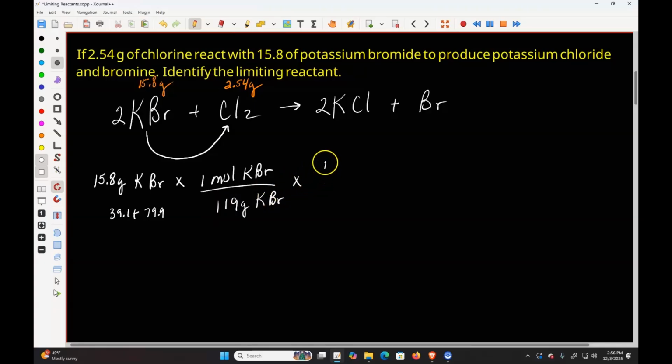This is my ratio step: 1 mole of chlorine over 2 moles of potassium bromide.